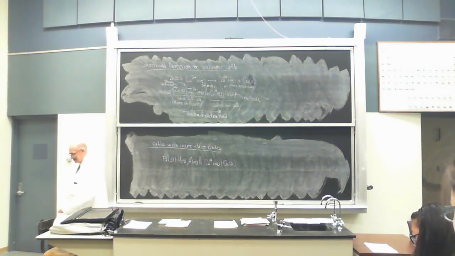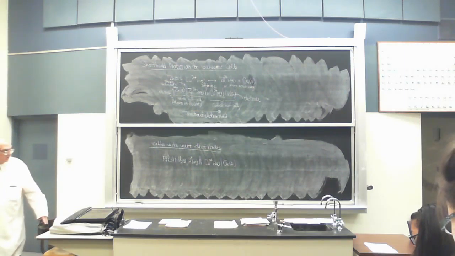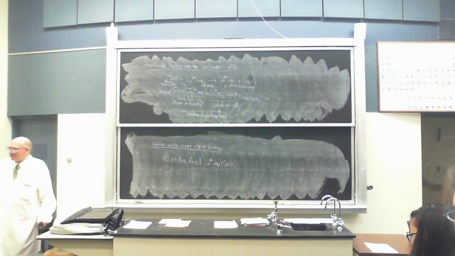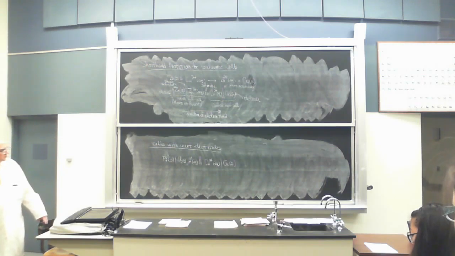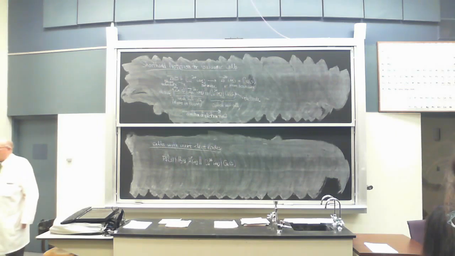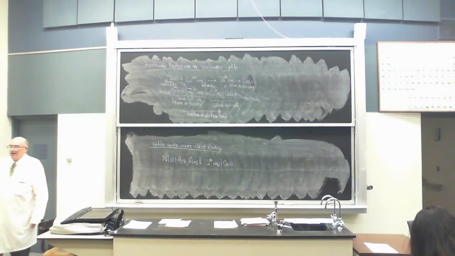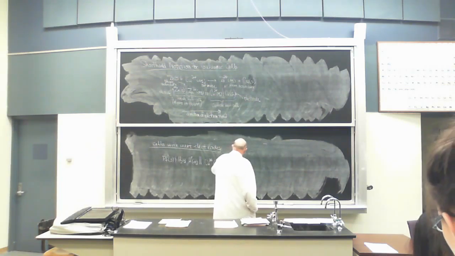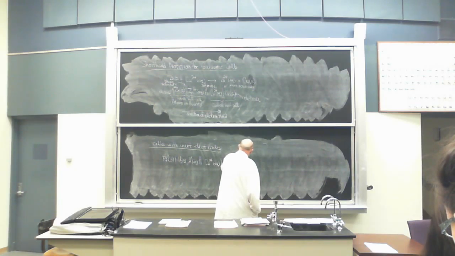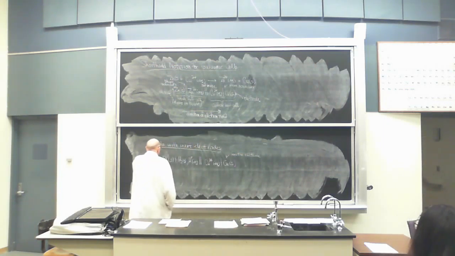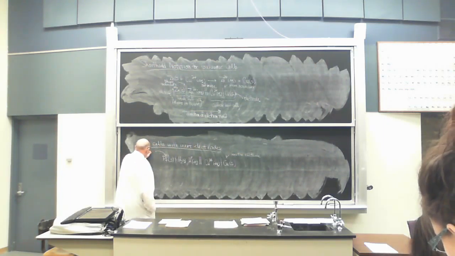Okay, now in that cell, one of the electrodes is inert, the other one is reactive. One of the electrodes is copper, the other one is platinum. The copper is reactive, the platinum is not. So this is a reactive electrode. And this is an inert electrode.